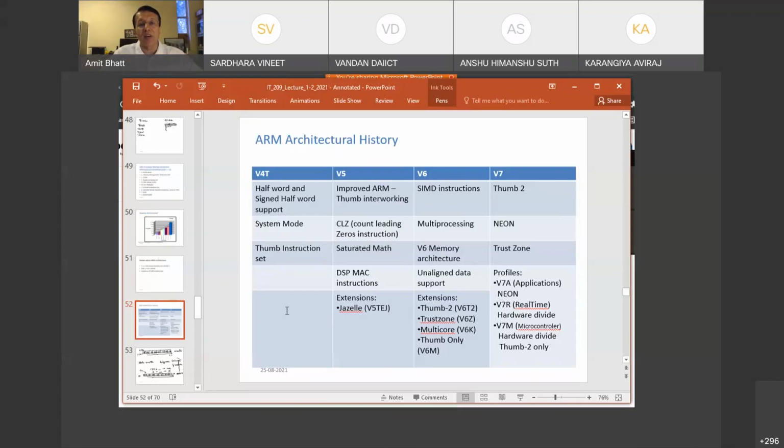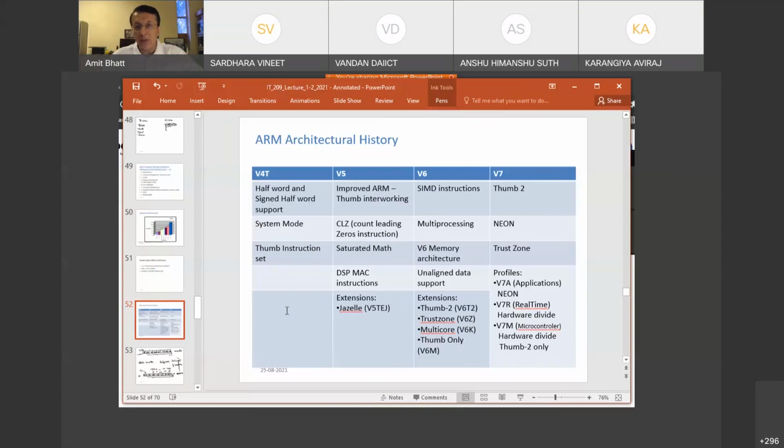Why? Because Java requires Java virtual machine. So basically, it's an interpreted language, right? So you require Java virtual machine to run Java language. So they decided to put Java virtual machine in hardware, and they call it Jazelle extension. Now, it sold very well for a little while, for 2 to 3 years.